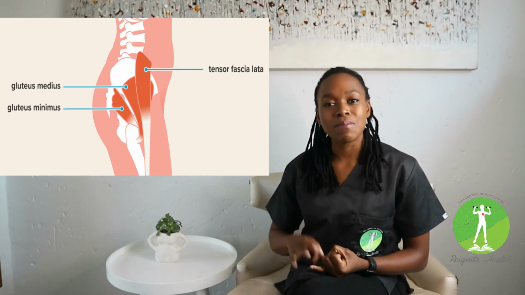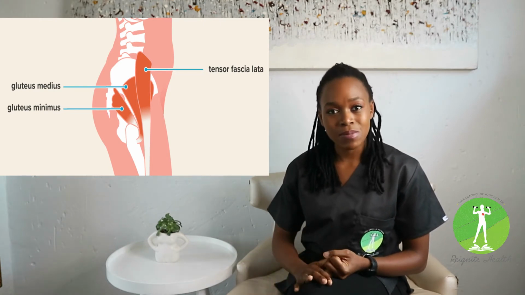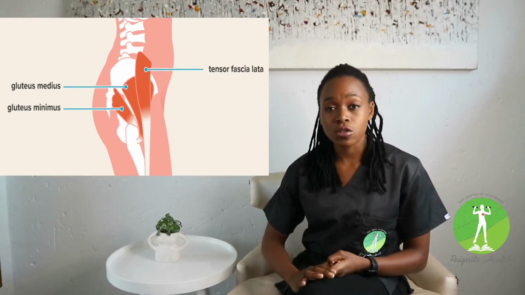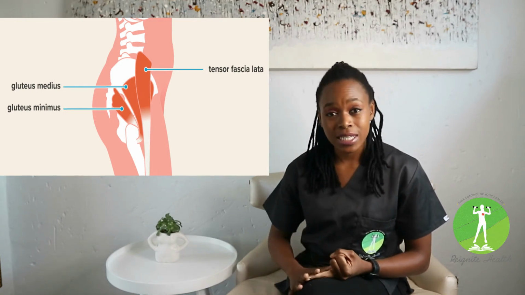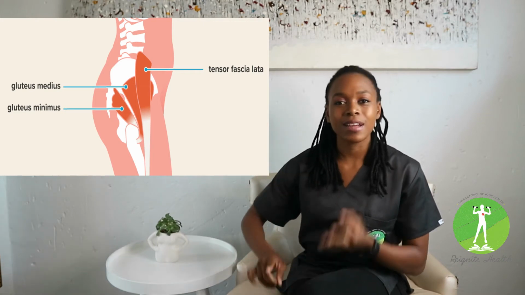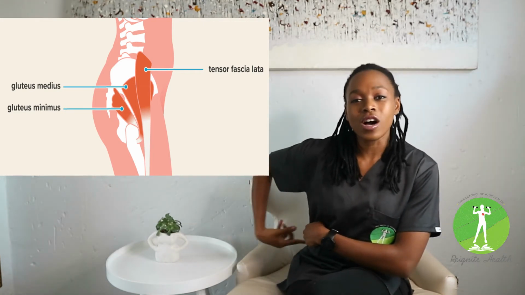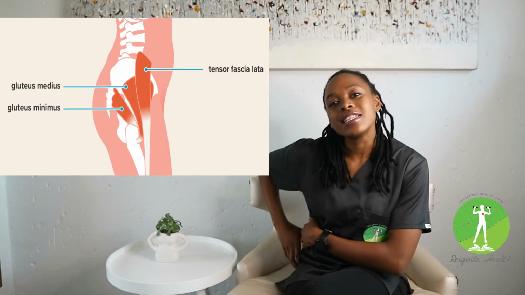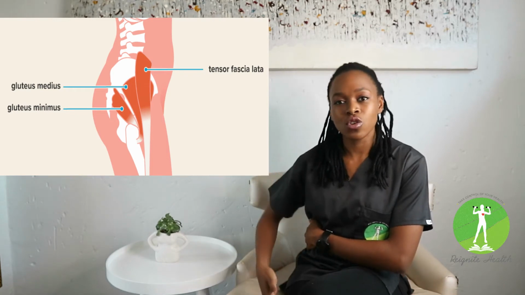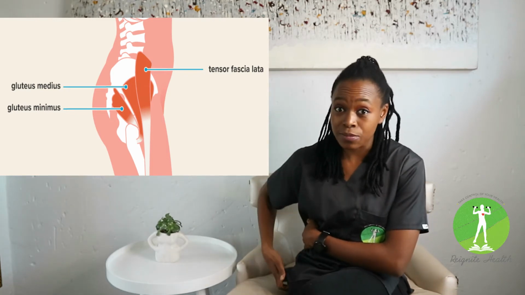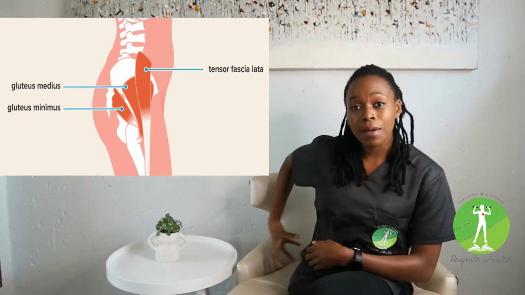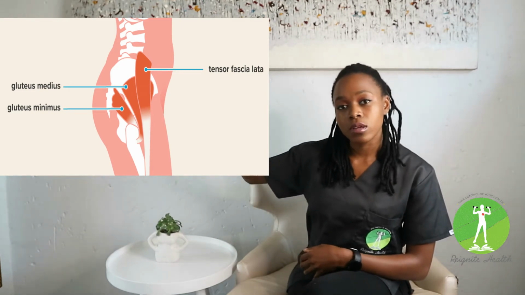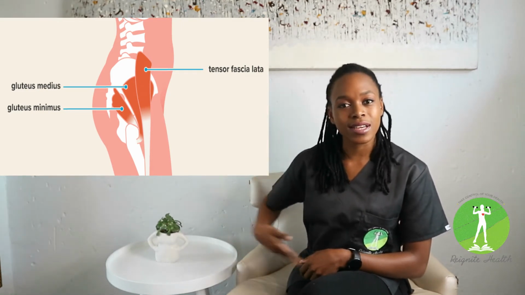You have gluteus medius, gluteus minimus, piriformis, and sartorius also help in this action, but the main ones are gluteus medius, gluteus minimus, and before I forget, tensor fascia lata. Tensor fascia lata is another muscle that connects to your ITB, that beautiful band that everyone knows very well of. So all those muscles are up here in the hip, and they extend the leg to the side, away from the body.